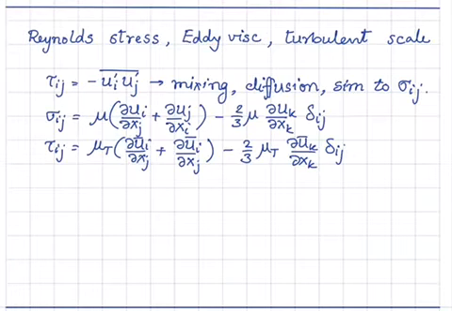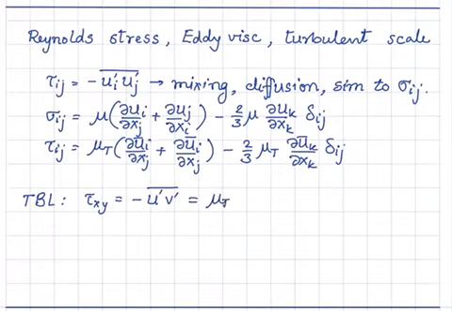There are a few properties of tau ij that we need to know before we move on to see how to compute eddy viscosity. One is in a turbulent boundary layer, the main Reynolds stress is tau xy, which is minus u prime v prime bar. And if you apply this formula, we get mu t times, i is 1, j is 2, so we get mu t d u bar dy.